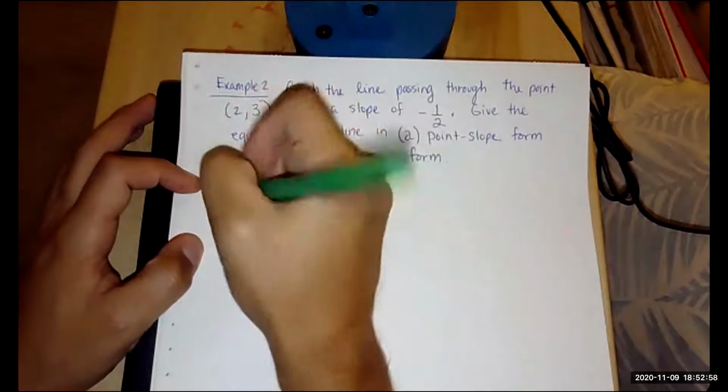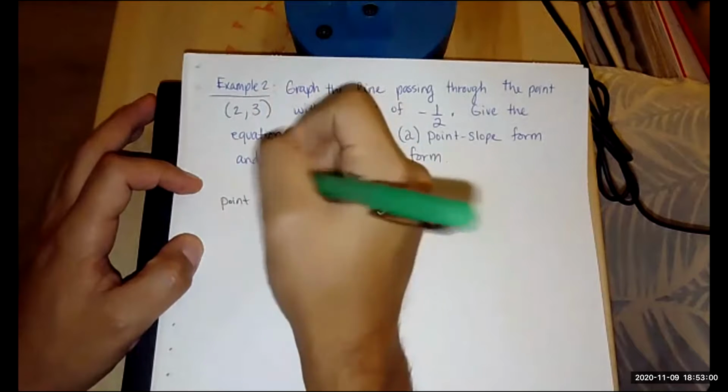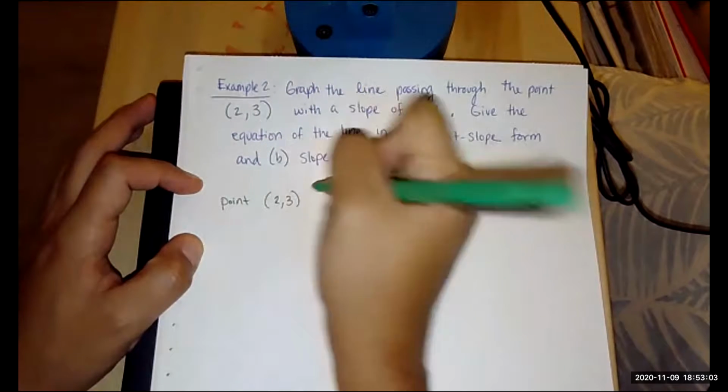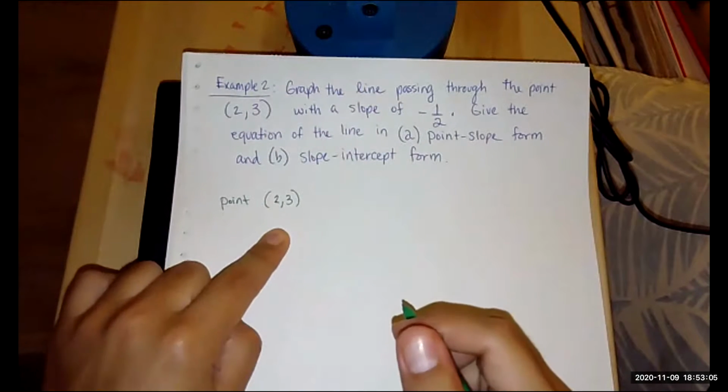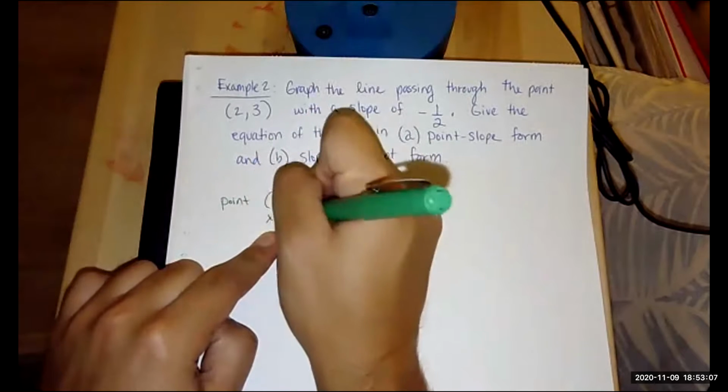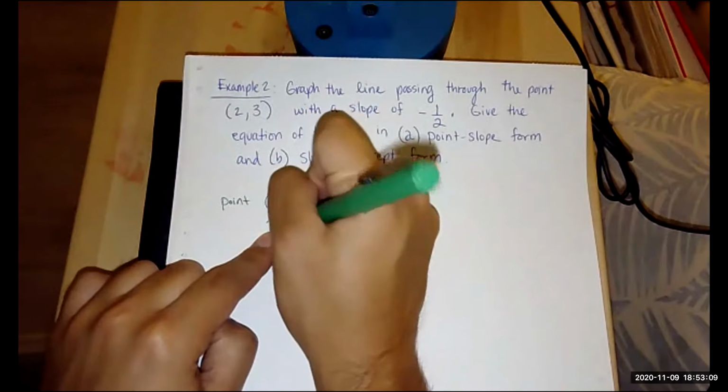And what they've given me is a point, which is (2, 3). And I know that this is the x value, x1, and this is the y value, y1.